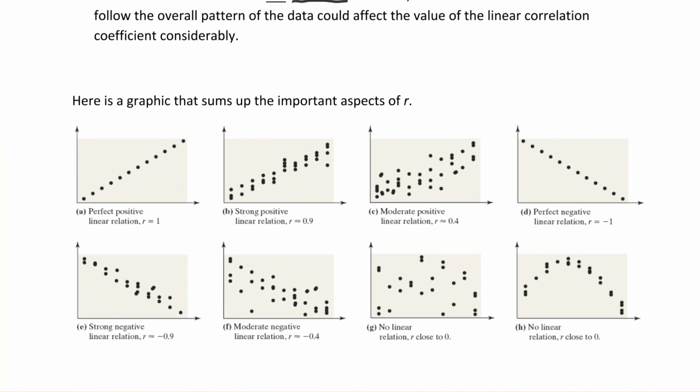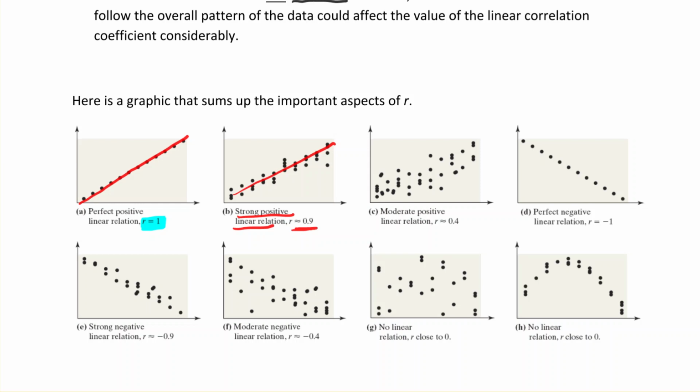So let's look at some examples with the corresponding graph and R value. If R is exactly 1, we have a perfect straight line that fits the data. If R is close to 1, such as 0.9, then we have a strong linear positive relation. Again, two things: linear relation and strong positive. The linear correlation coefficient R gives us two ideas.